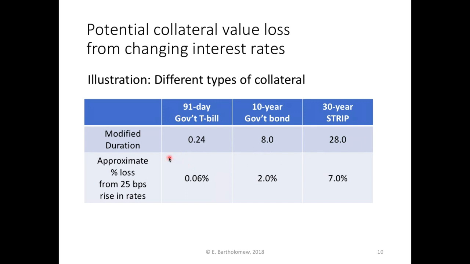And so if we were to look at the approximate loss from a 25 basis point rise in rates, we can see how different they are. 0.06% in this case, 2% for the 10-year government bond, that being 25 basis points, 0.25% times 8, and then 7% in the case of the strip.